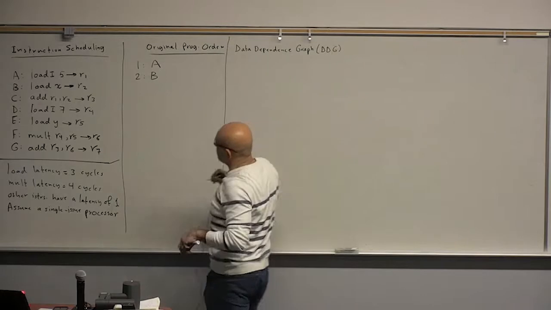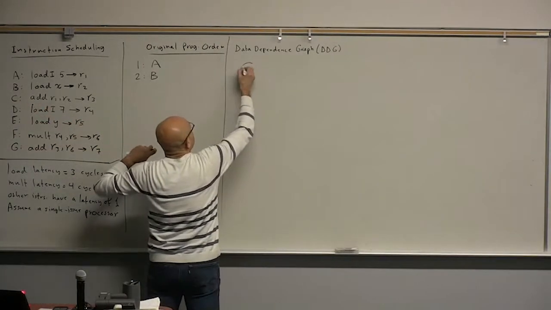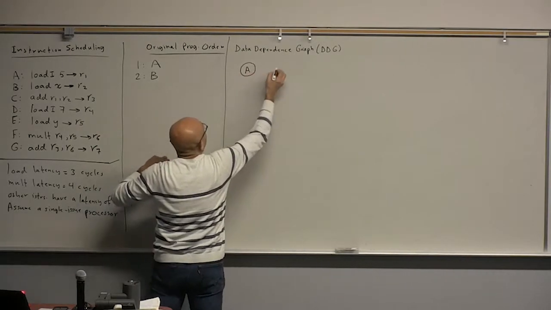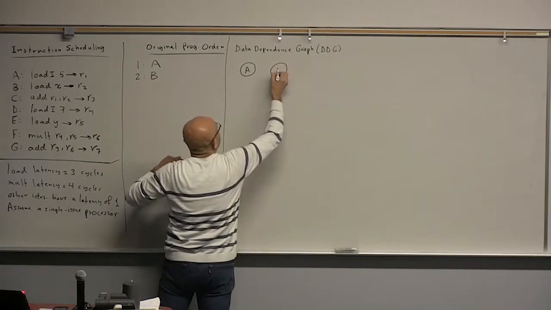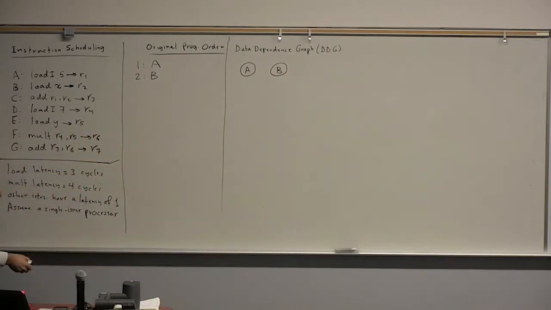The data dependence graph in this case, instructions A and B are independent. And what about C?